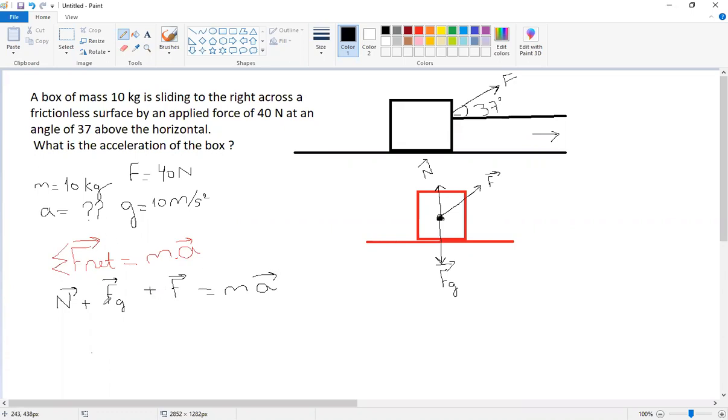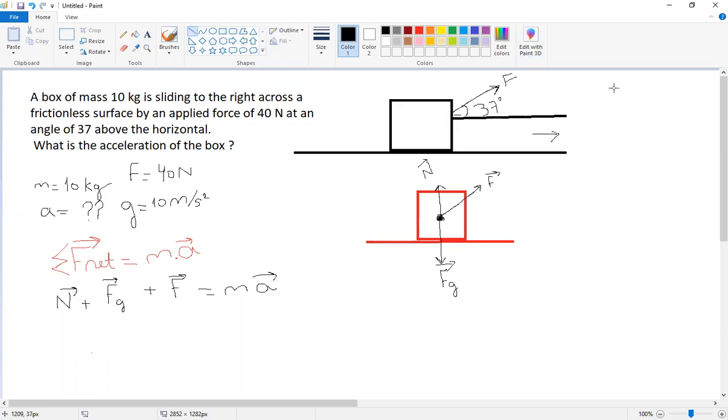The next step here, we have to get the components of the forces. We should remove the vectors and put instead the components or the directions of each vector. So let's look. N and Fg, the normal force and the weight force, are along which axis? They are along the y-axis, right?